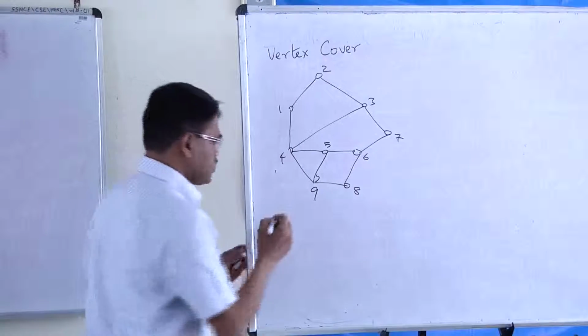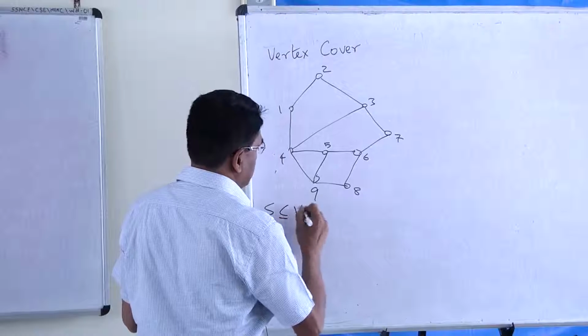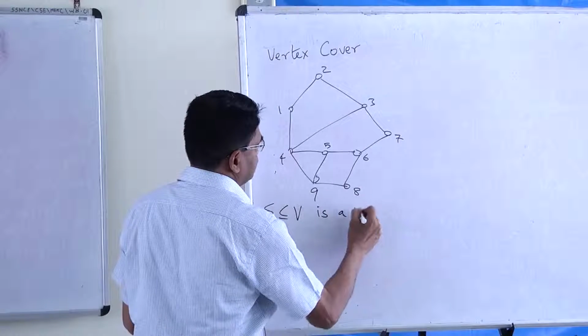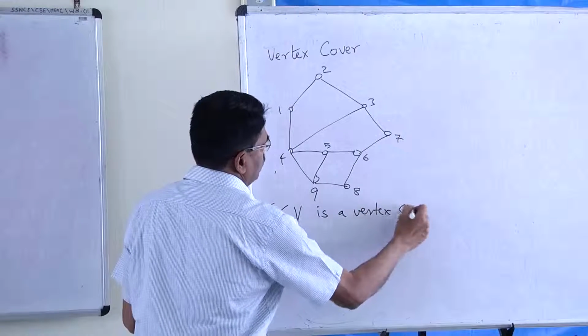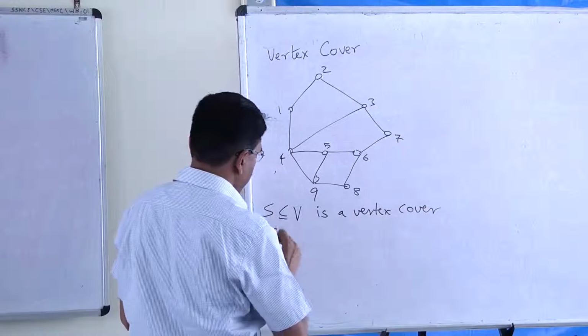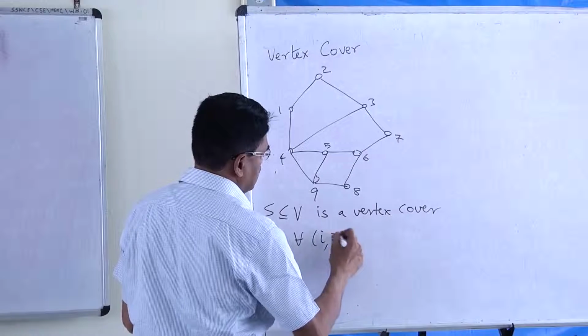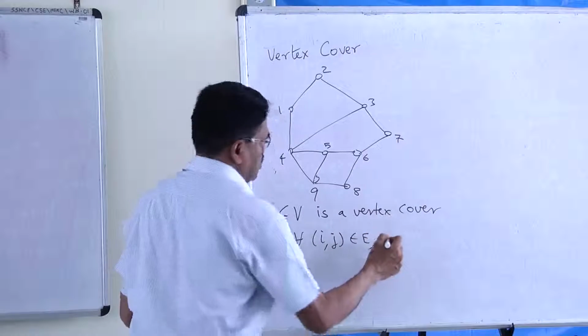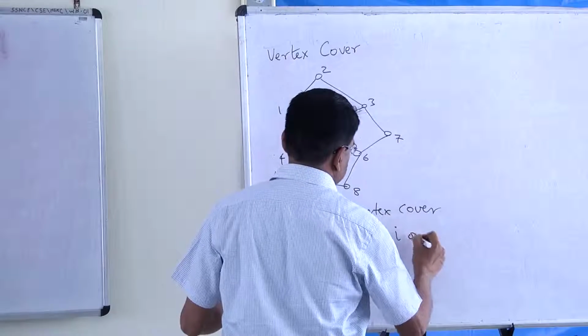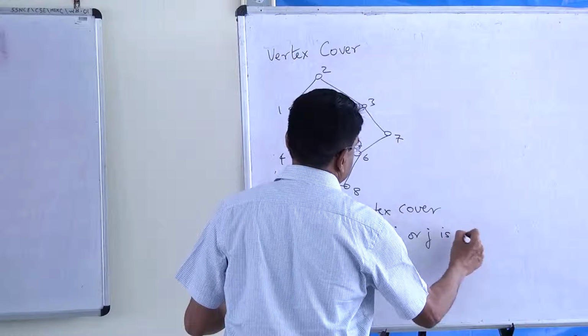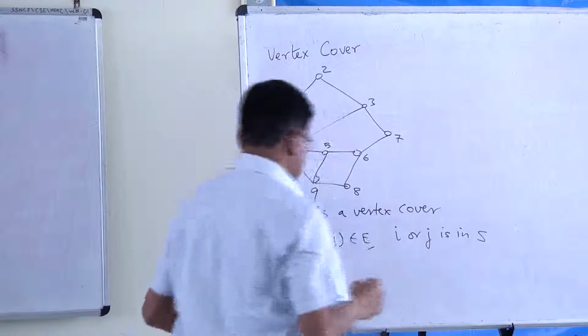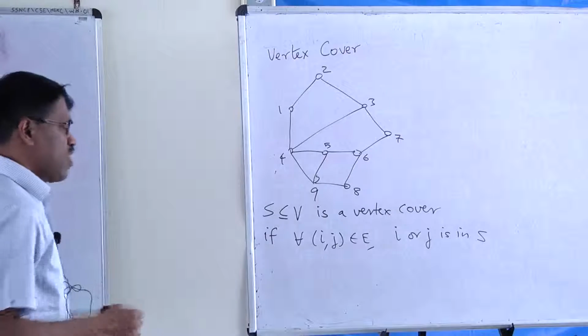So S is a vertex cover if for every edge ij, i or j is in S, or both.